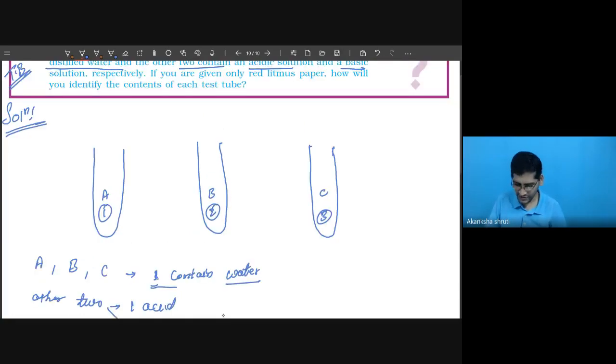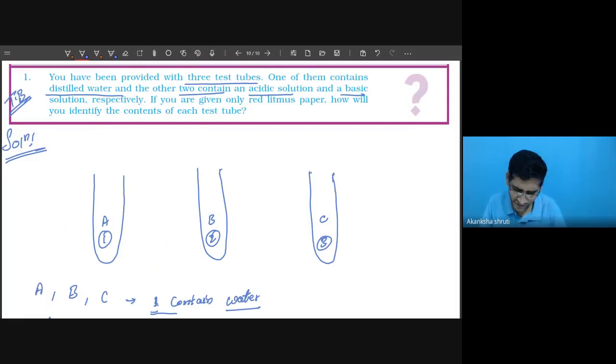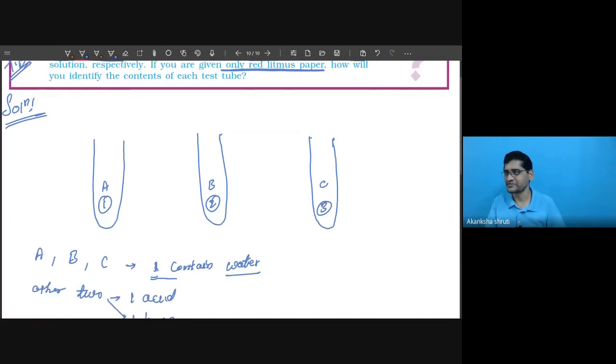You have to determine it. How? And you are given only red litmus paper. Only red litmus paper. हाँ बढ़िया है. How will you identify the contents of each test tube?